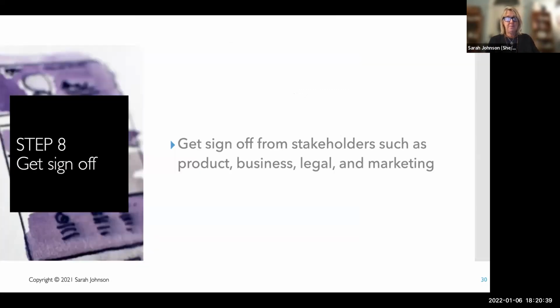So the final step is to get sign off from stakeholders like product, business, legal, and marketing. And typically you would get all of these people involved early so they would see the iterations. But the most important thing here is that you've gone through a process that helps you create a strong rationale for presenting to stakeholders. They can say, well, we would rather you did it this way.